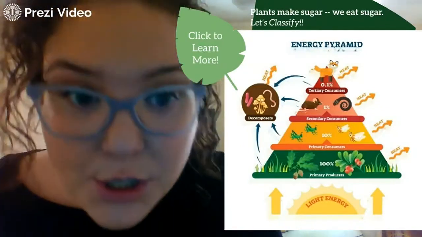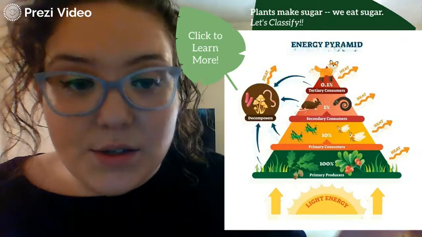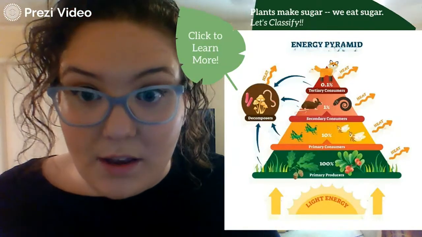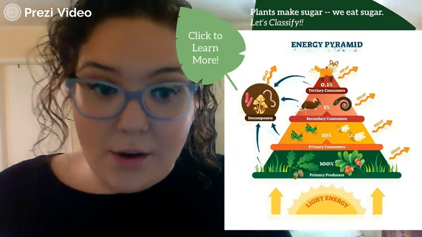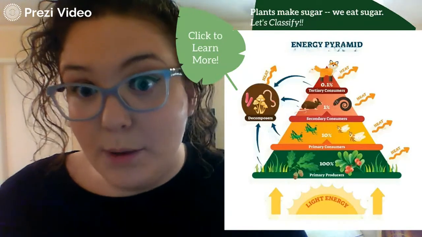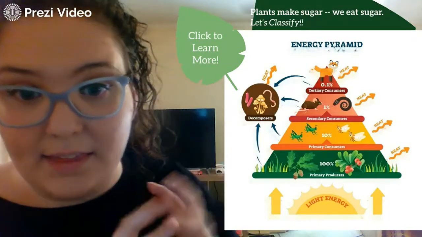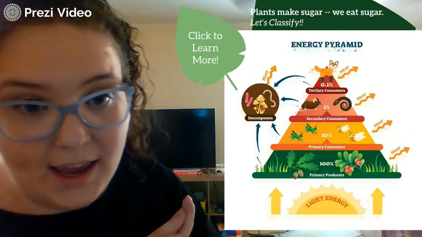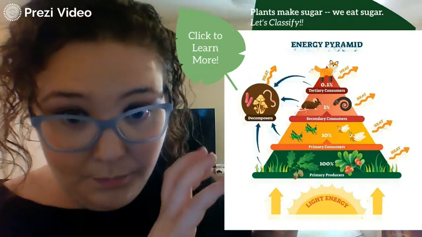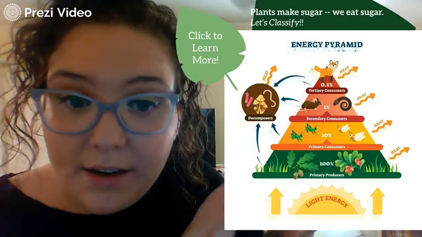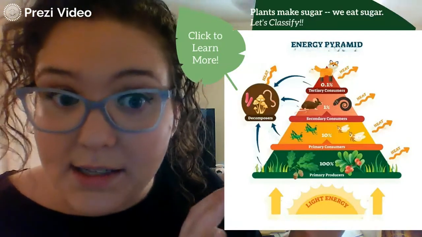Then next week, we'll start stepping up the pyramid and we'll start looking at being a primary consumer. So someone who eats the plants, someone who eats a primary producer. Then we will look at secondary consumers and tertiary consumers. This is going up the energy pyramid in science, in biology, to show where our energy comes from.